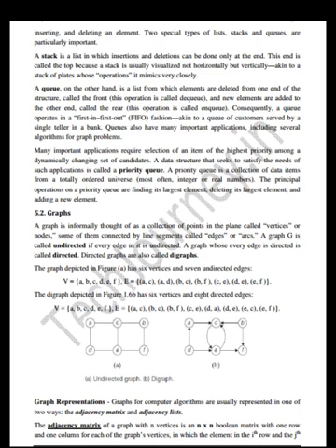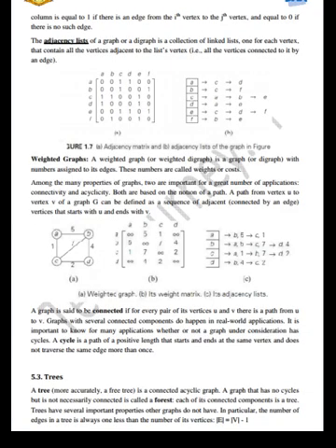Graph representations. Graphs for computer algorithms are usually represented in one of two ways: the adjacency matrix and adjacency lists. The adjacency matrix of a graph with n vertices is an n by n Boolean matrix with one row and one column for each of the graph's vertices, in which the element in the ith row and jth column is equal to 1 if there is an edge from the ith vertex to the jth vertex, and equal to 0 if there is no such edge.